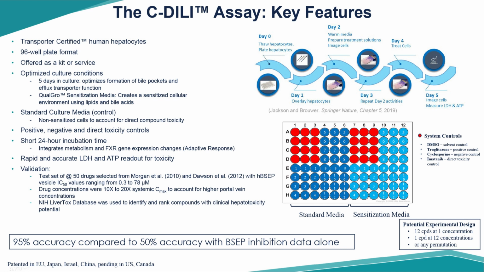As I mentioned, troglitazone and its sulfate metabolite are both very potent BSEP inhibitors. The sulfate metabolite is about 100-fold more potent than troglitazone, so it's probably responsible for most of the BSEP inhibition in an in vivo situation. And in vitro, it's also generated in this hepatic assay.